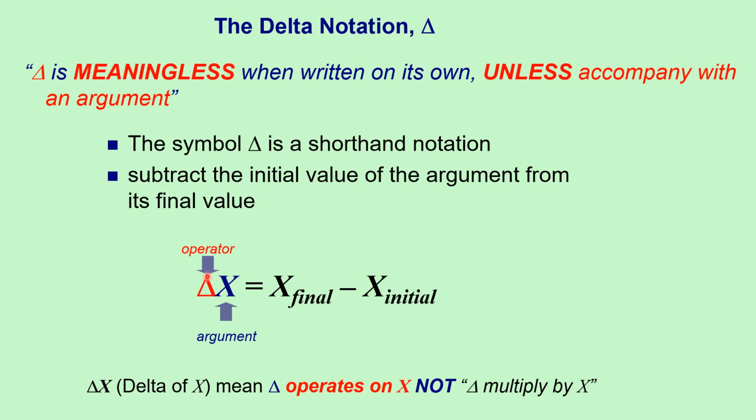So delta will be the operator, and x will be the argument. In this case, x final minus x initial will give delta x, the difference between final and initial. Remember this statement: delta x means delta operates on x, not delta multiplied by x. Don't get confused on this.